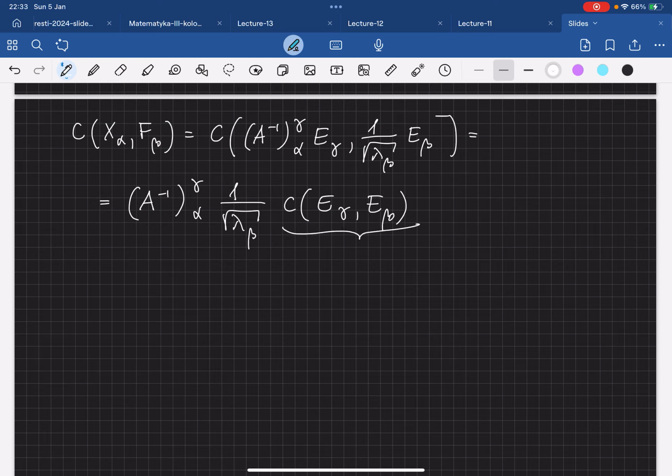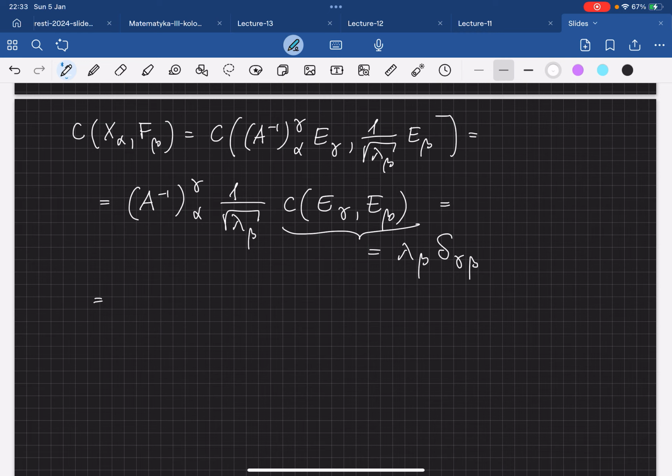And this thing equals lambda beta times delta, because those eigenvectors are uncorrelated as statistical variables.